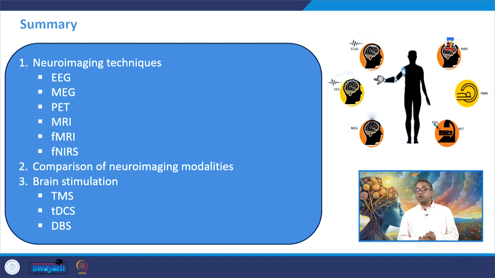Along with that, we have also understood that neurostimulation can be used to impair a certain brain region to understand the functioning of other brain regions. The tools people have been using are non-invasive or invasive neurostimulation. For invasive, we talked about deep brain stimulation, and for non-invasive, we talked about transcranial magnetic stimulation and transcranial direct current stimulation.